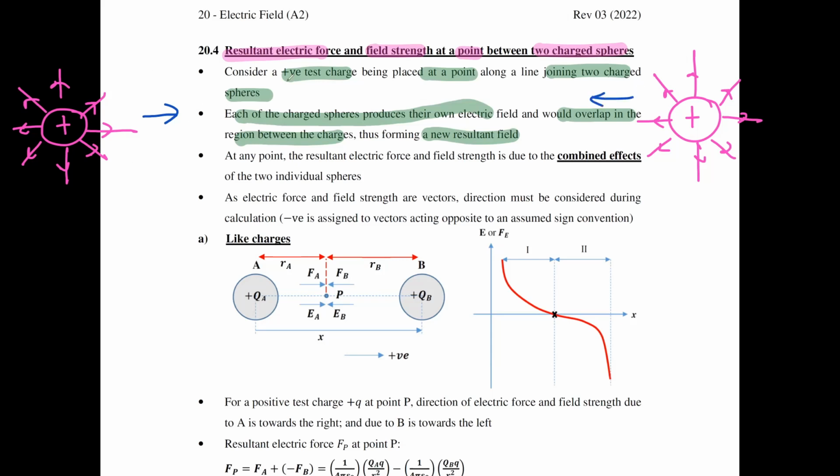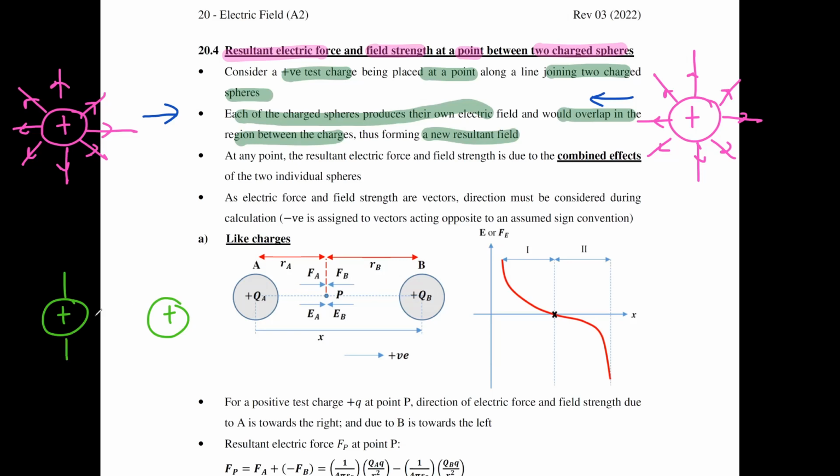If they are brought close to each other, eventually it will come to a case where they're so close that the fields are actually overlapping now. So these two positive charges are brought so close to each other that the fields are going to overlap.